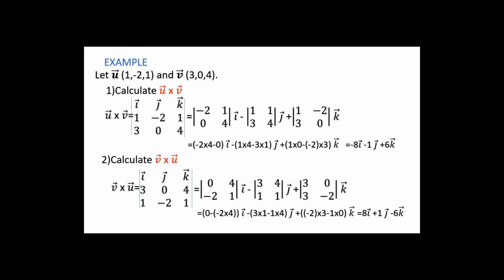So vector u cross vector v equals minus vector v cross vector u.